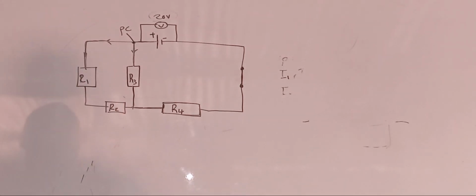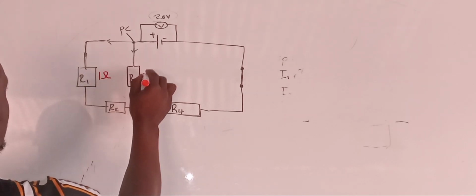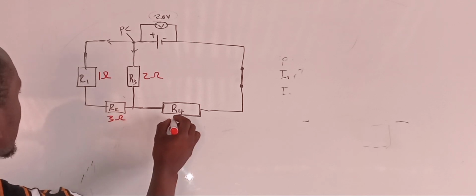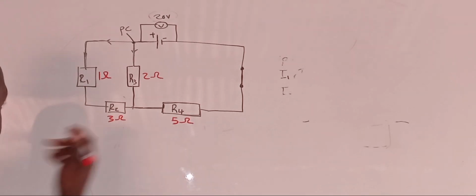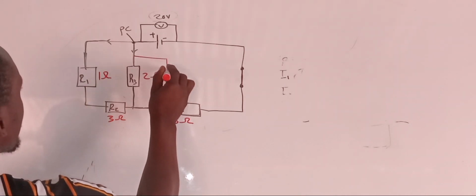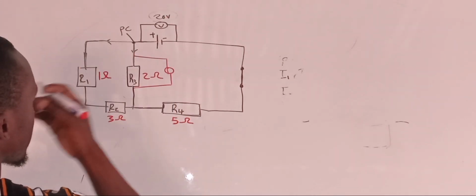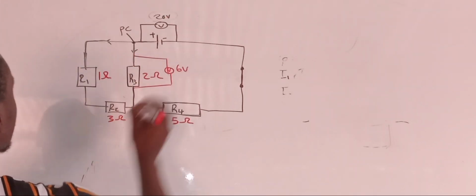Let me say here we have 1 ohm, here we have 2 ohms, here we have 3 ohms, and here we have maybe 5 ohms. Then the V that is measured across the 3 ohm resistor, the same that here we have maybe 6 volts.